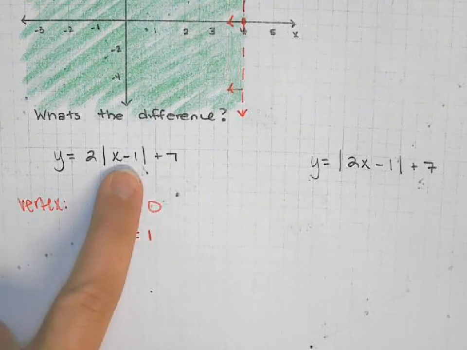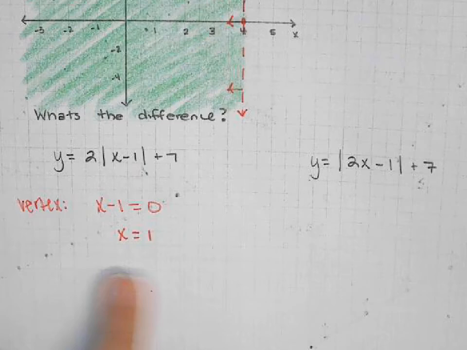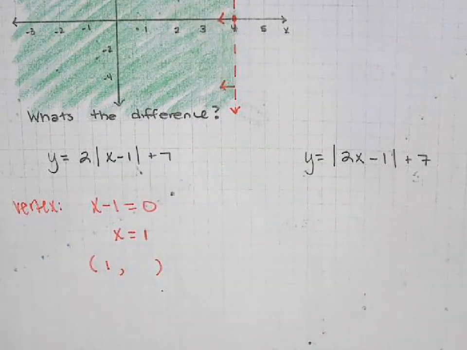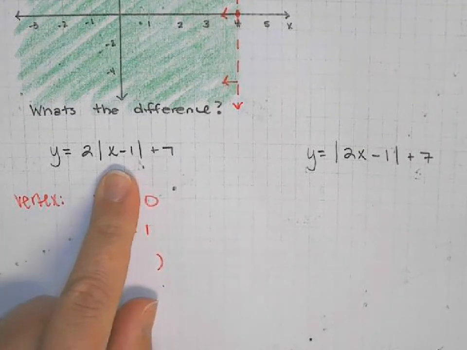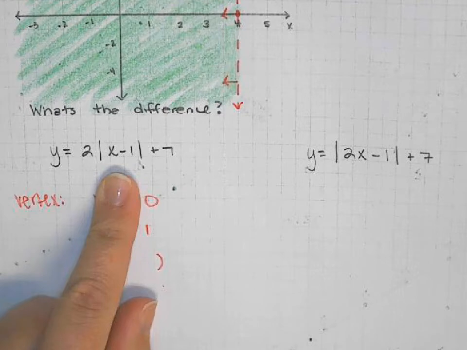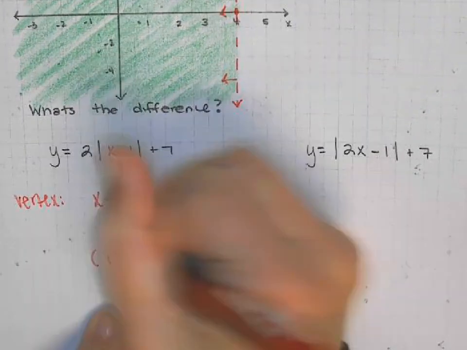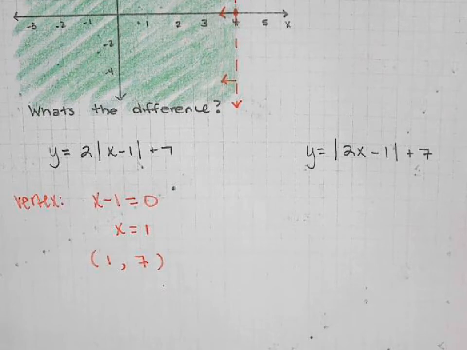So you took the inside, x minus 1, set it equal to 0, and found x is 1. So our vertex is 1, comma, let's find the y value. Let's plug it in. 1 minus 1 is 0. What's the absolute value of 0? 0. What's 0 times 2? Still 0, plus 7. So we're at 1, 7 for that vertex.